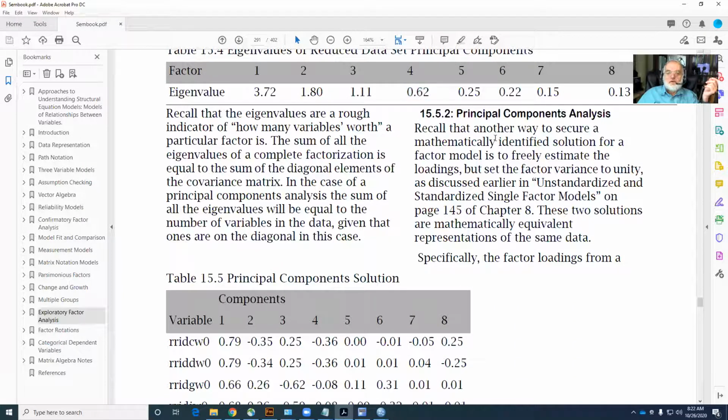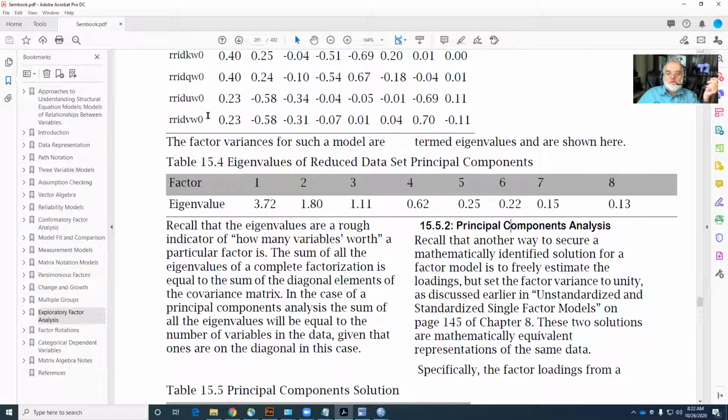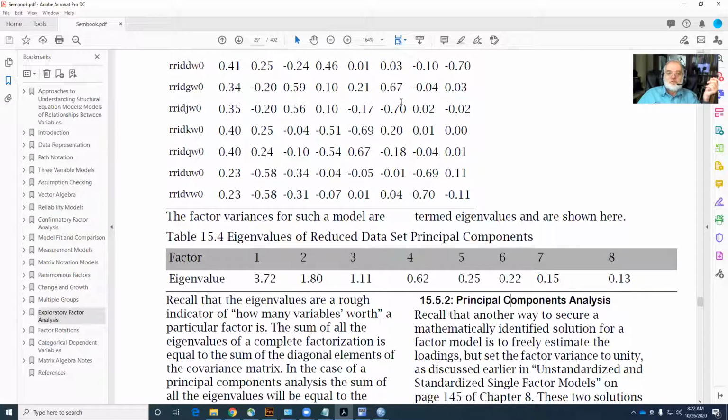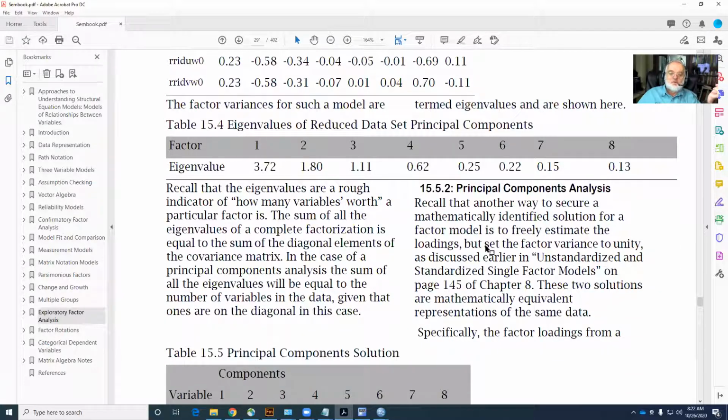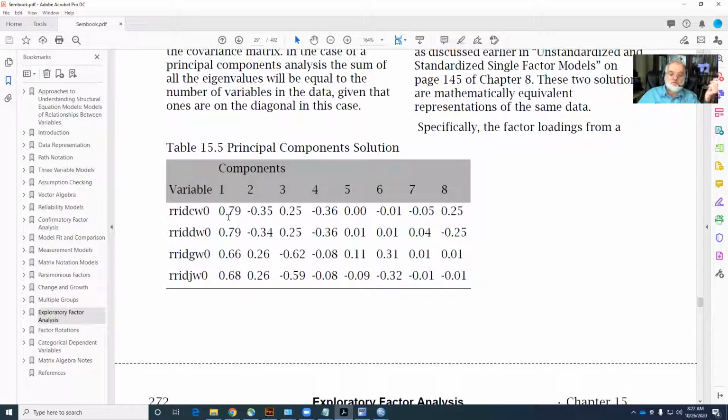So the computer spits out these eigenvectors and I've got these eigenvalues, and I can use those numbers to generate the factor loadings that you would see from a standard factor analysis program.